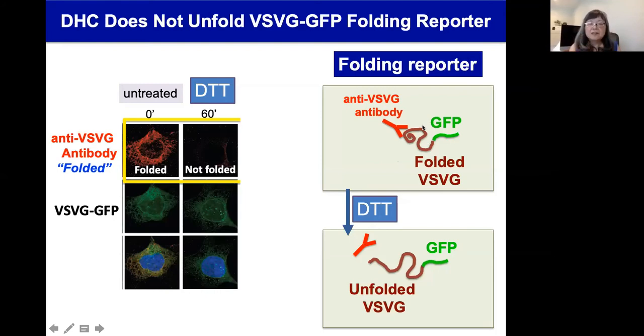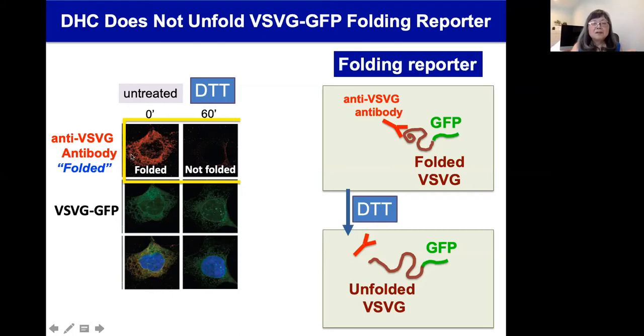So in order to fold and get to the cell surface, it has to transit through the ER for folding and modifications. By also blocking this protein from getting out of the ER after folding, we have all the fusion protein accumulated in the ER, and we can assess whether it is folded or not, because we have an antibody against the properly folded form of VSVG.